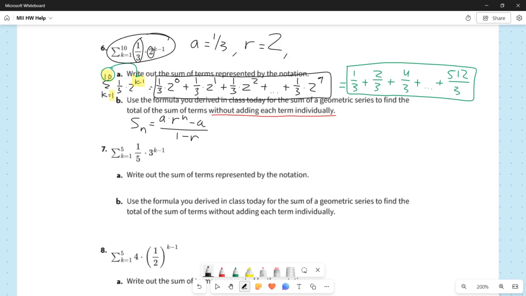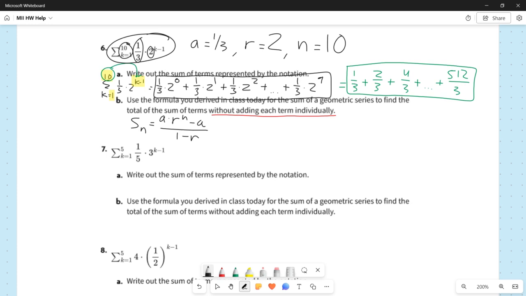And then, what are we missing? N. Well, N is how many terms we have. It's the number of terms. If I start at 1 and I go to 10, well, that's 1, 2, 3, 4, 5, 6, 7, 8, 9, 10. That's 10 terms.